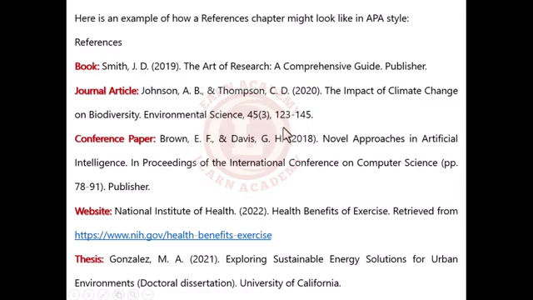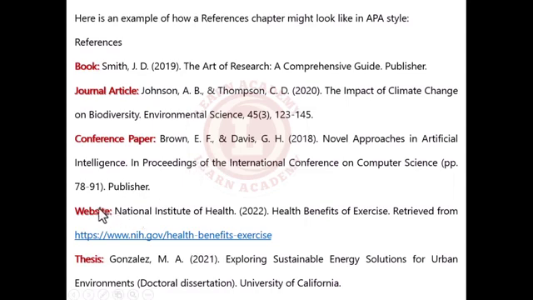You have the pages where the article appears, and other information as the case may be. Then conference paper, you cite a conference paper using this method if you are using APA style format.